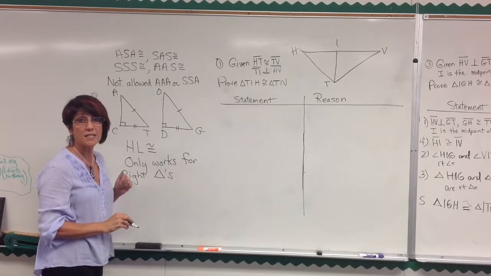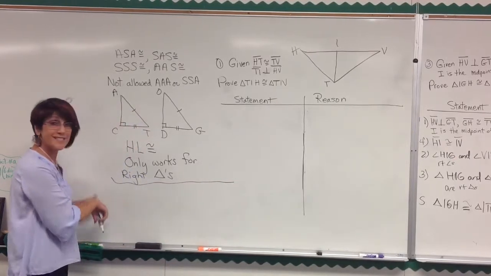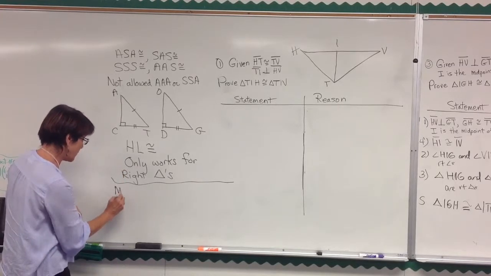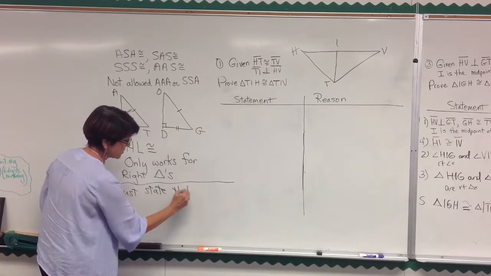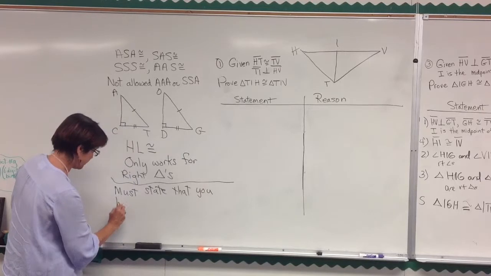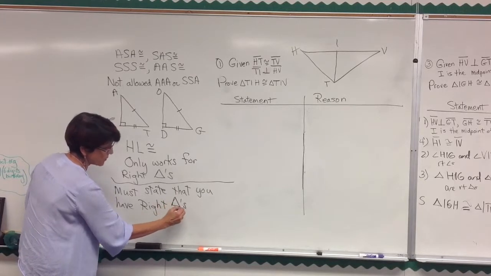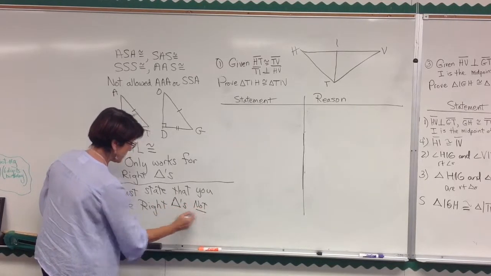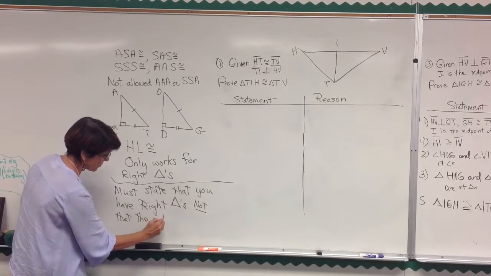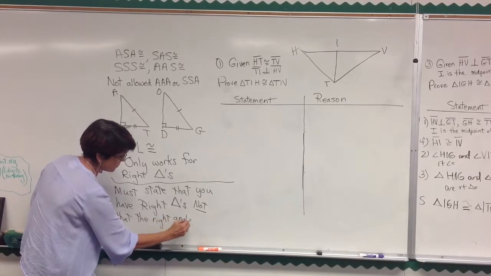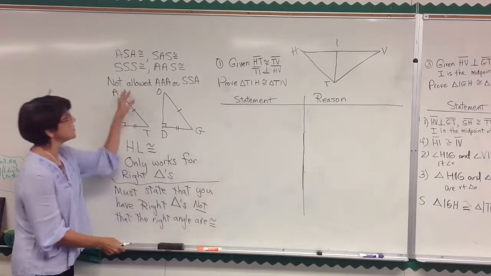Now because I need that condition, I must state that you have right triangles, not that the right angles are congruent. So it's a little different step than we used in these up here.